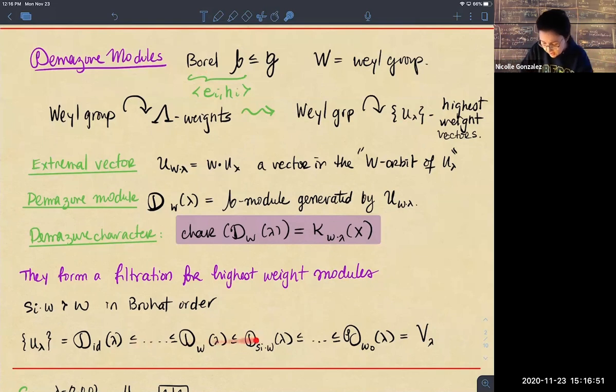On the other extreme of the spectrum, if we take our element W to be the longest word in the Weyl group and act on u lambda by it, we essentially end up with the complete lowest weight, and then we generate everything back. So these Demazure modules you can think of as interpolating between your highest weight vector and the full highest weight module, giving you everything in between. But of course, you're not just getting random pieces in between. You're getting everything in between that is indexed by an element of your Weyl group. So there is some control over this.